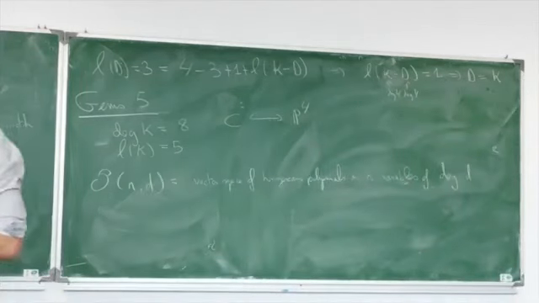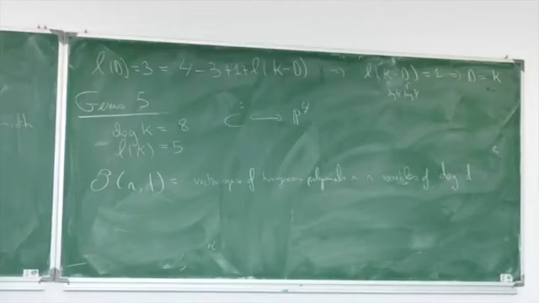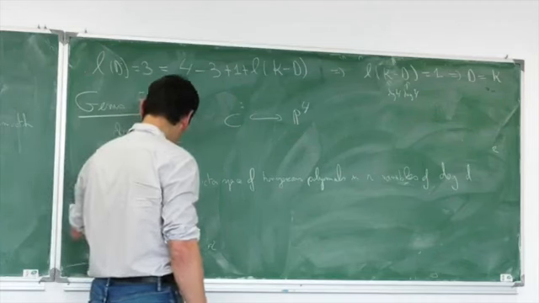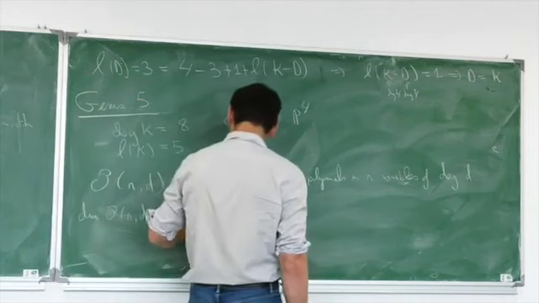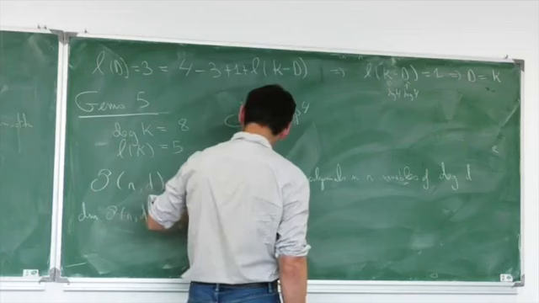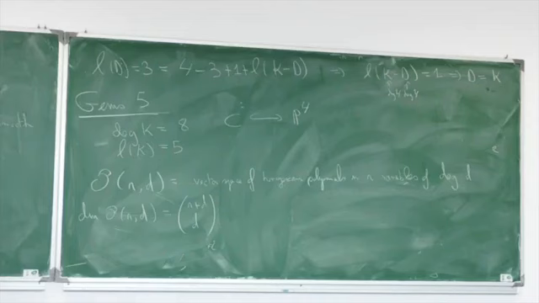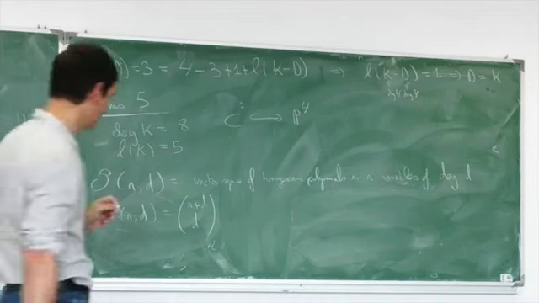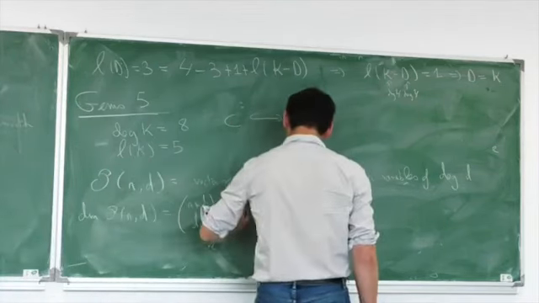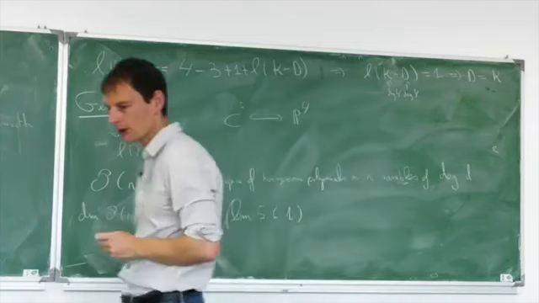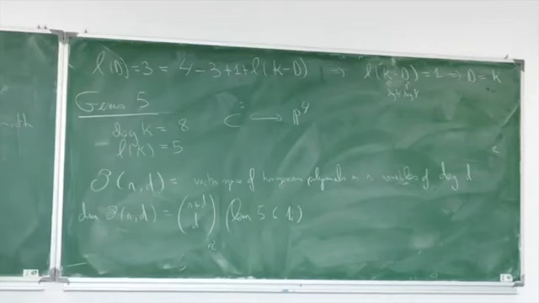This is a vector space, and the dimension of P_{R,D} is (R+D choose D). This is a lemma inside the text, lemma 5.6.1. It's a very easy combinatoric lemma.